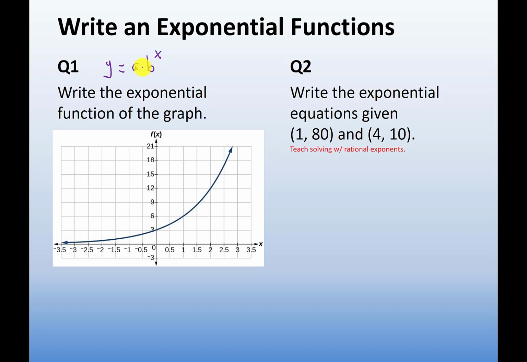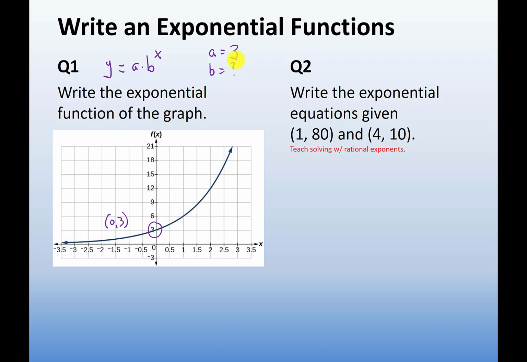And if we want this function, we need to know what is a and what is b. Well, a is the starting value. A right here is the y-intercept point. It's starting at (0, 3). So we just figured out that a equals the number 3. I'm halfway done on the equation.